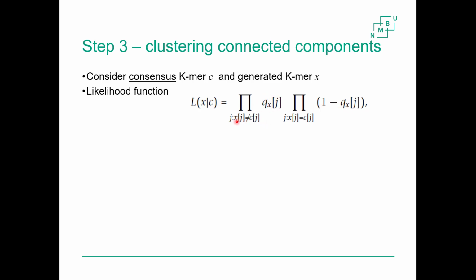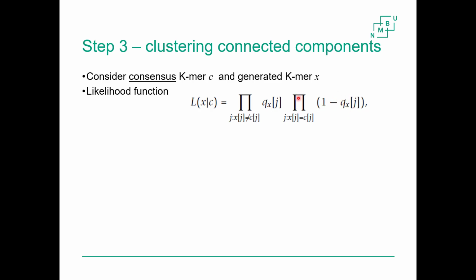If there is a difference between the k-mer and the consensus sequence, we presume it's due to sequencing errors, so we multiply by the probability of sequencing error. If, on the other hand, the k-mer is identical to the consensus sequence, then there has been no sequencing error, so we multiply by 1 minus the error probability instead. This is the probability of not having an error, right?